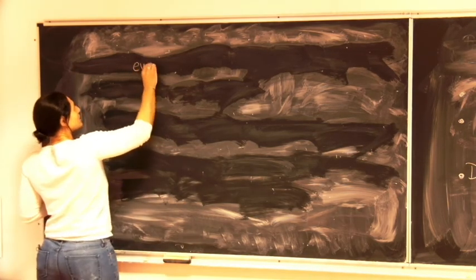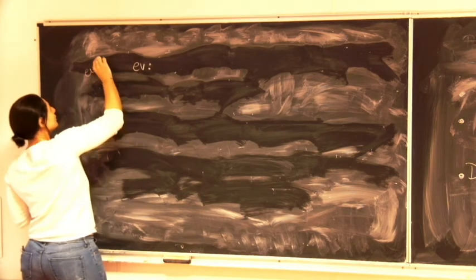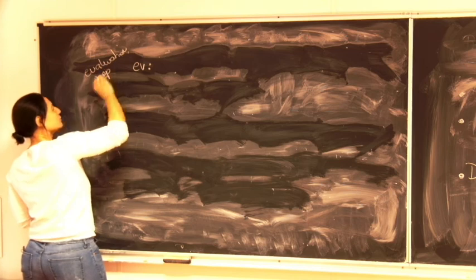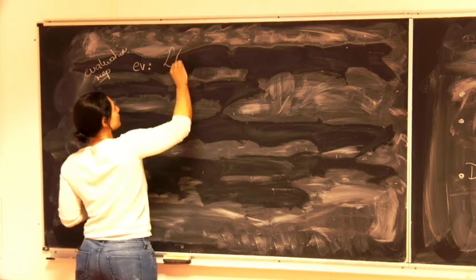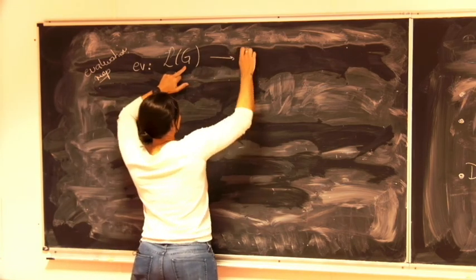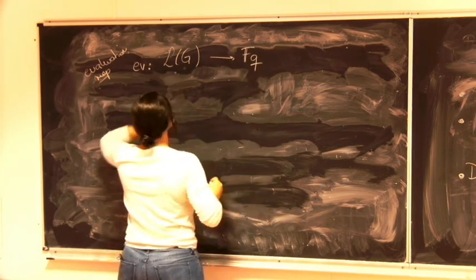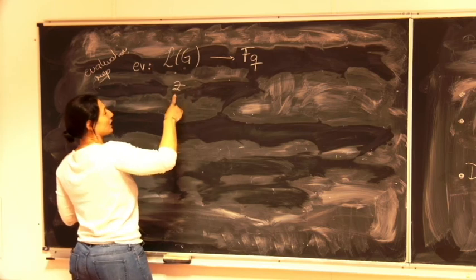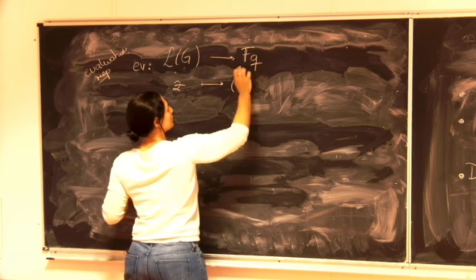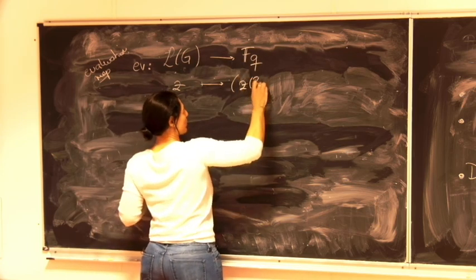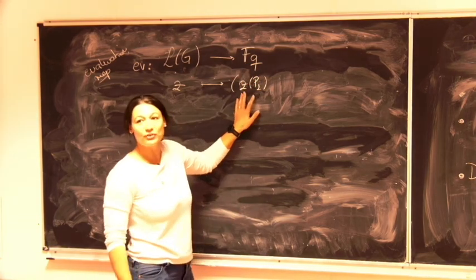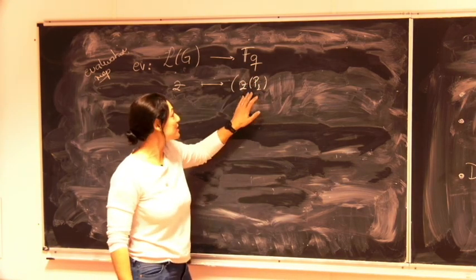So we have the evaluation map here that goes from the Riemann-Roch space of G into FQ^n, defined as: if I pick an element c on the Riemann-Roch space, I send it to c(P1), the residue class inside the residue class field, which is isomorphic to FQ.